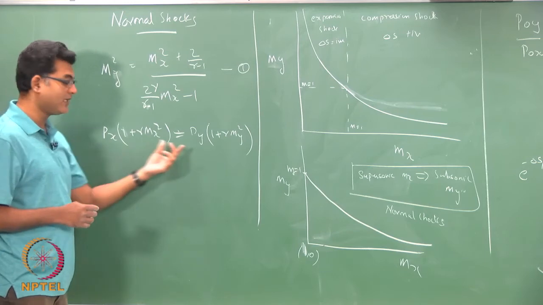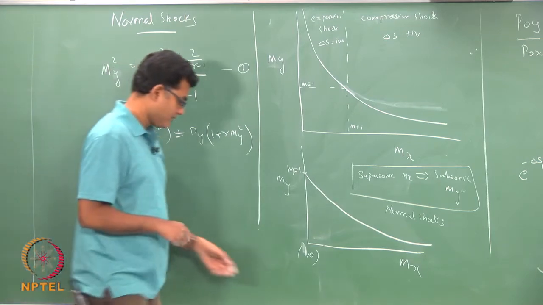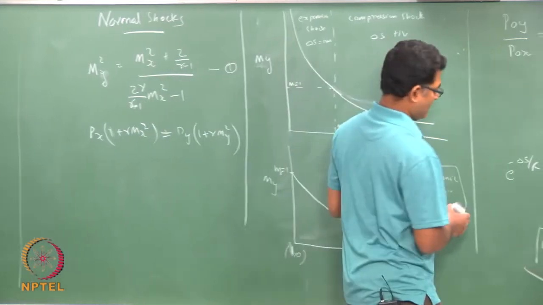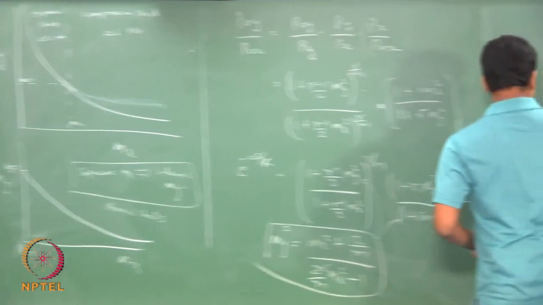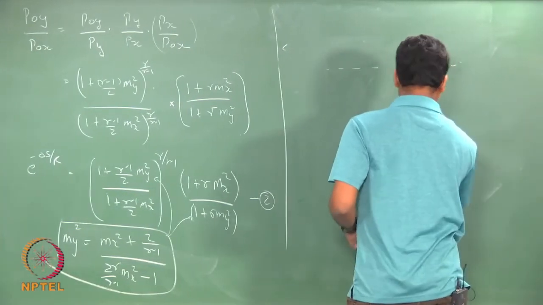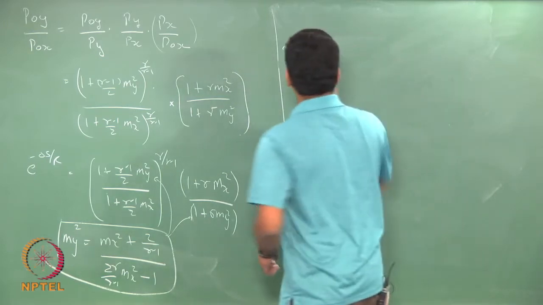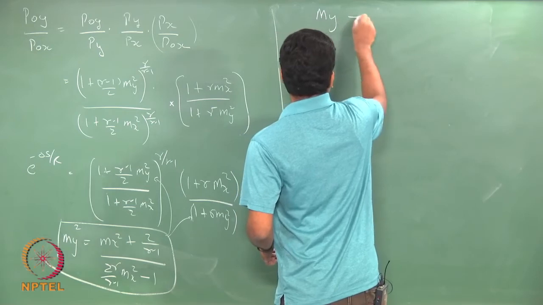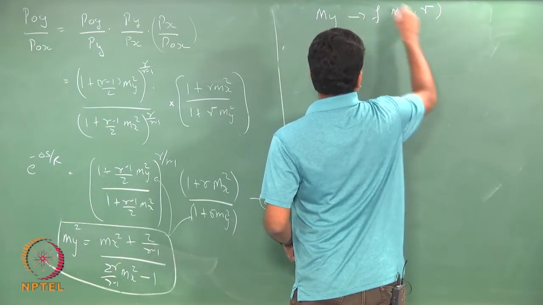So, my px by py can be in terms of My. My My is now a function of Mx and gamma.